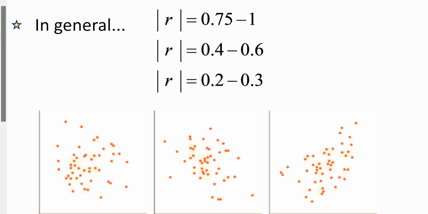All right, more about correlation. We've talked about strength, how strong correlation is. So in general, if you have a correlation, or the absolute value of a correlation, between 0.75 and 1, that's typically a strong correlation.